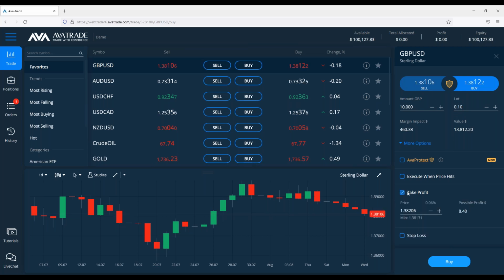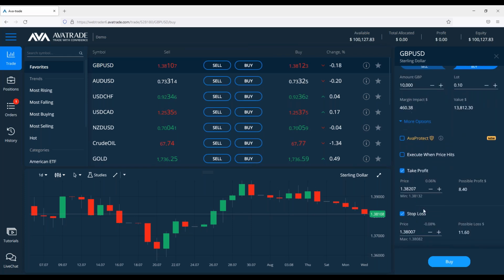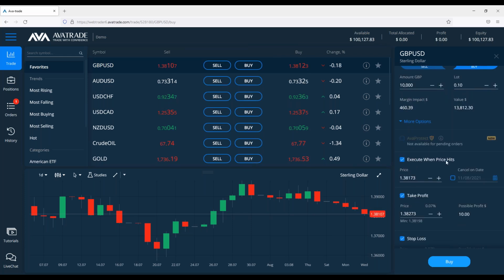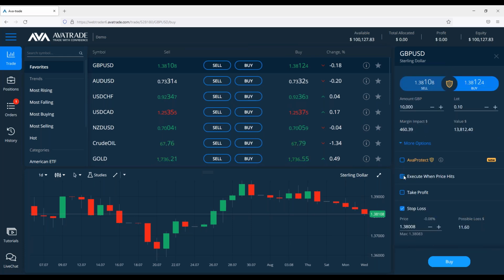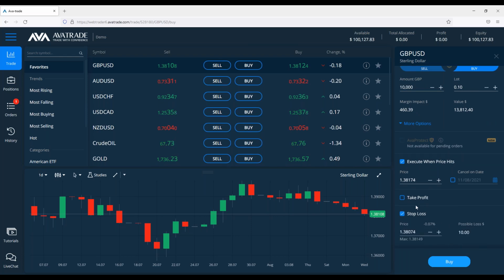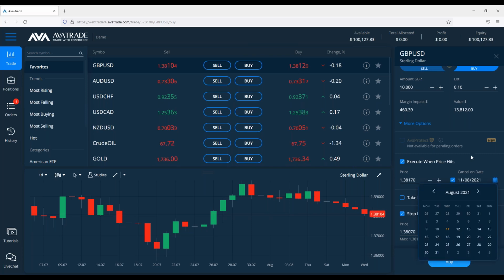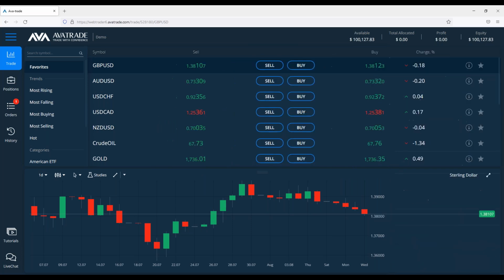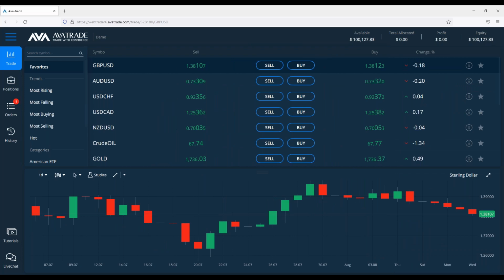I can of course place a pending order if I don't want to stay on the computer, and execute when price hits, and then my position will be triggered. As you saw here for a moment, there is also an ability to define an expiration. If I put in an expiration and the momentum has passed, it's going to close by itself. All right.